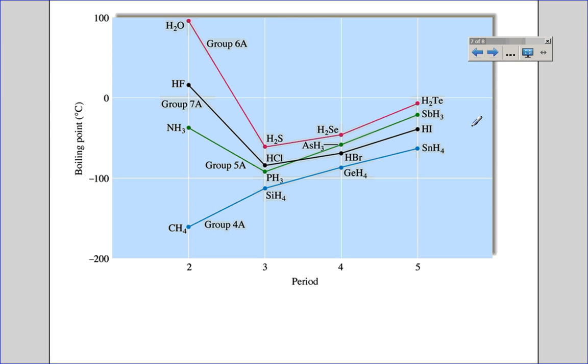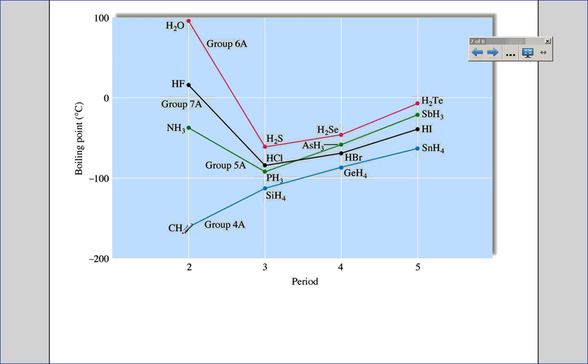This graph here gives a nice comparison of boiling points of the hydrogen compounds of elements in the same group. And we can see some very specific applications of the types of intermolecular forces within the compounds. First, let's look at this group here.